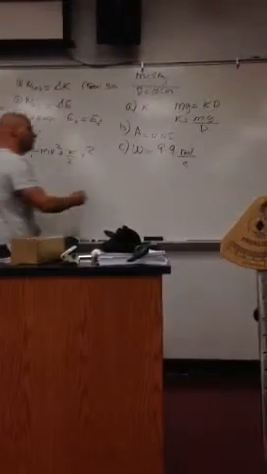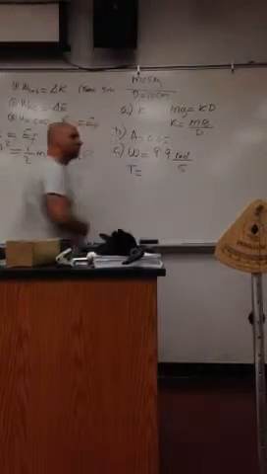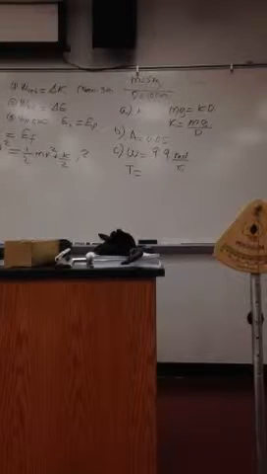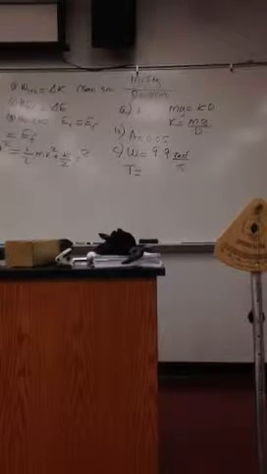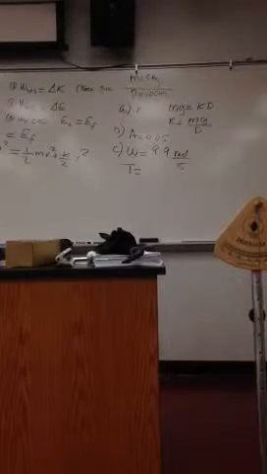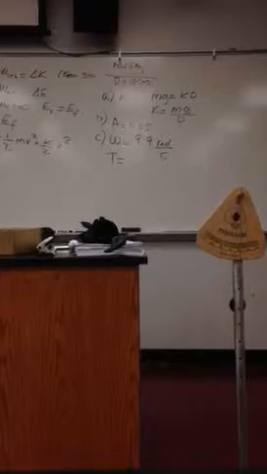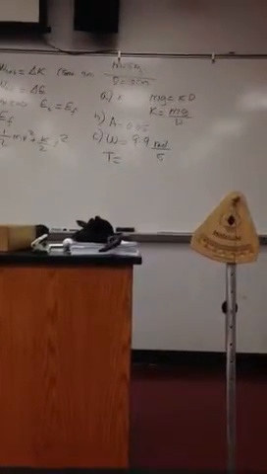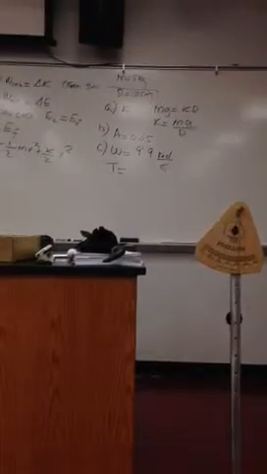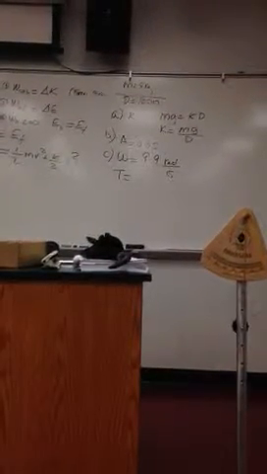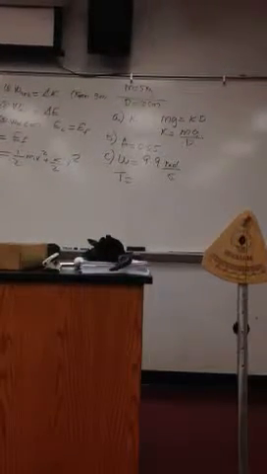T. How are omega and the period related? Omega is 2 pi over what? Omega, which is the angular speed, is the whole angle, which is 2 pi, divided by the time. So what will be T? 2 pi over omega.